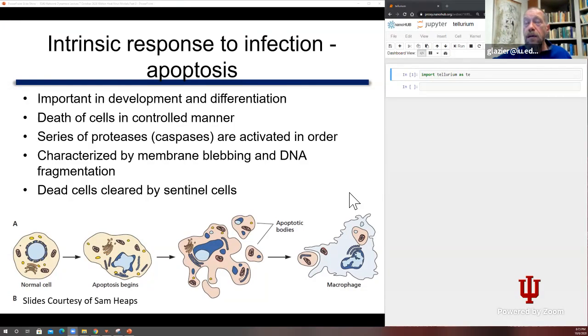The main one that we need to worry about here is that during apoptosis, the cell reorganizes its DNA. It expresses a bunch of molecules called caspases. Those caspases are like RNase. These are typically proteases that break things down. And so essentially you can think of at least part of what's happening is that if the cell notices that it's infected, it decides to kill itself.